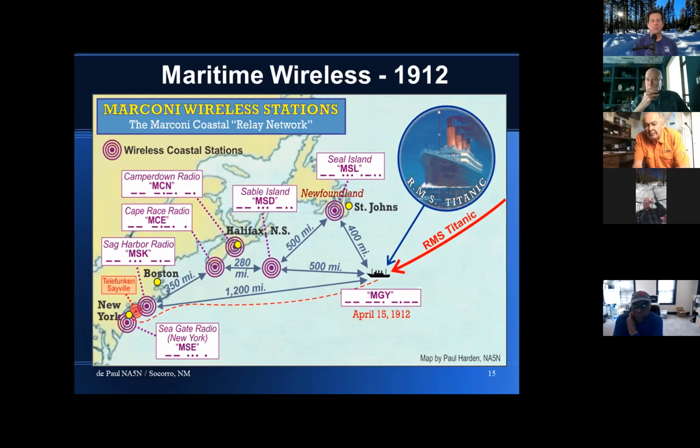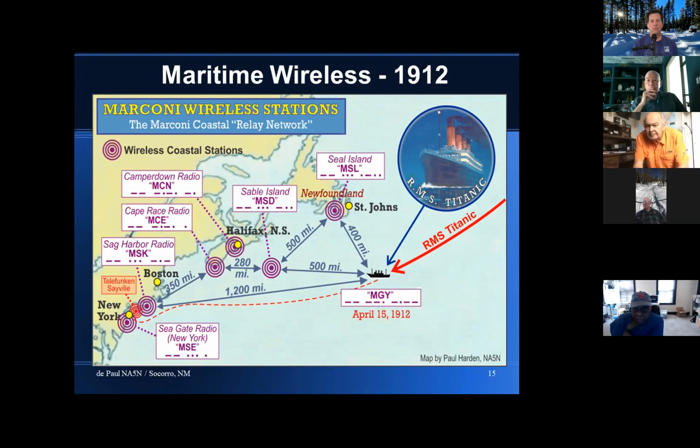As you see here, we've got 7 Marconi stations, and 1 Telefunken that we talked about earlier. These were actually relay stations. To give you an example, let's suppose a ship was sending a message to New York.